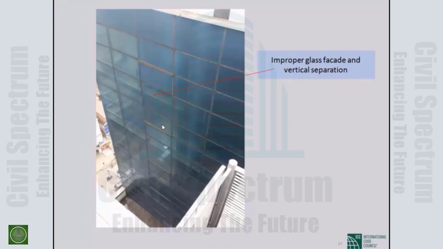Actually, there is zero separation. If there is a fire in the lower floor, the fire will move through this gap, with zero vertical separation. There should be no building with zero fire separation. At least 2 or 3 hours fire separation.